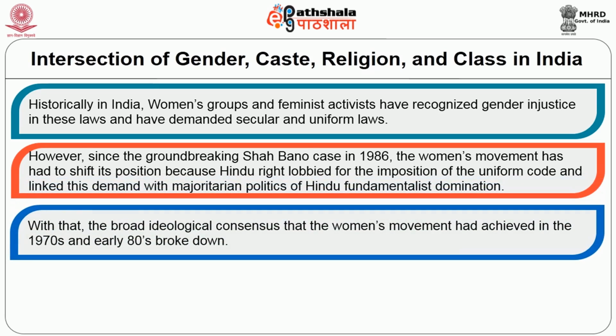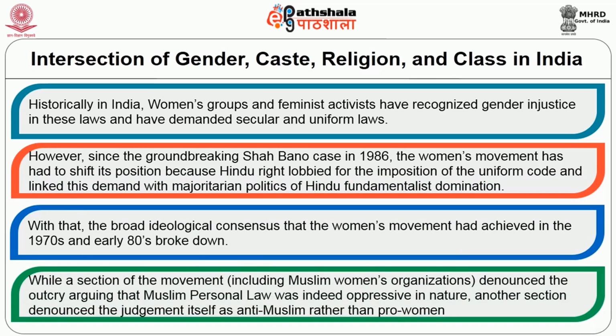With that, the broad ideological consensus that the women's movement had achieved in the 70s and the early 80s broke down. While a section of the movement, including Muslim women's organizations, denounced the outcry, arguing that Muslim personal law was indeed oppressive in nature, another section denounced the judgment itself as anti-Muslim rather than pro-woman.